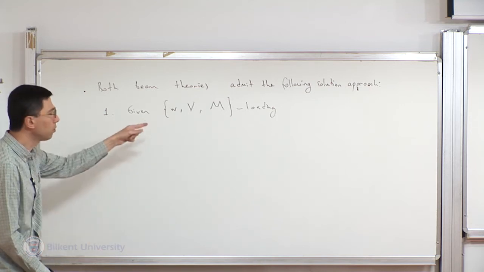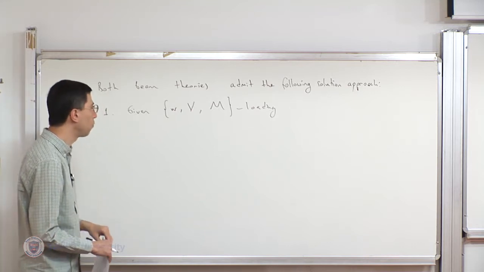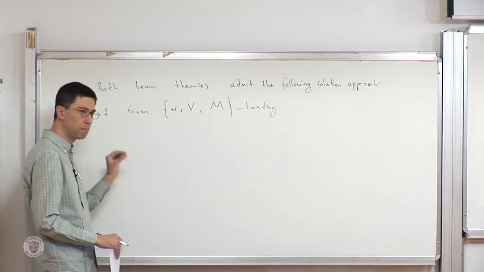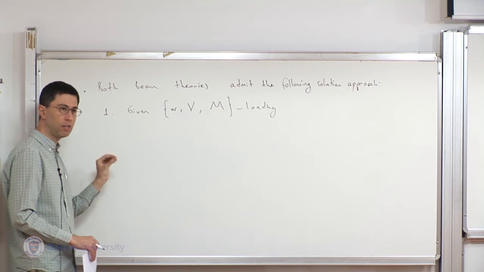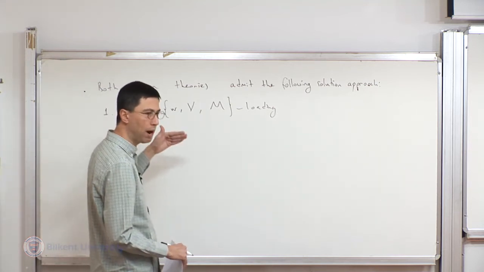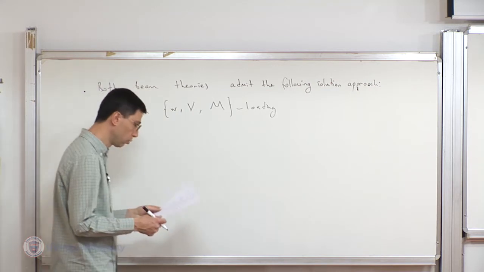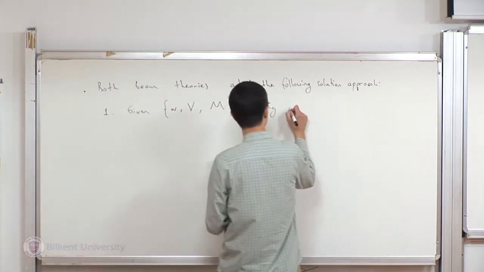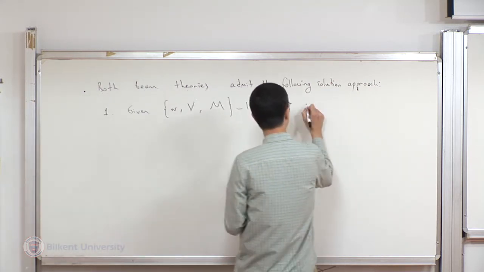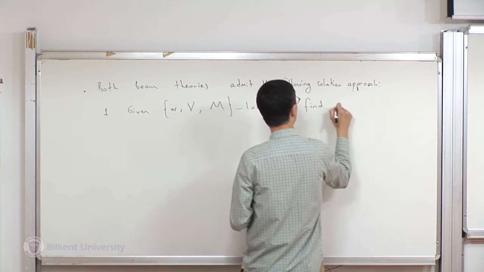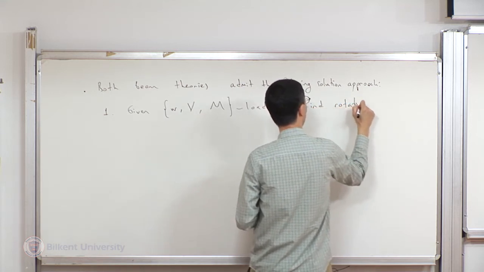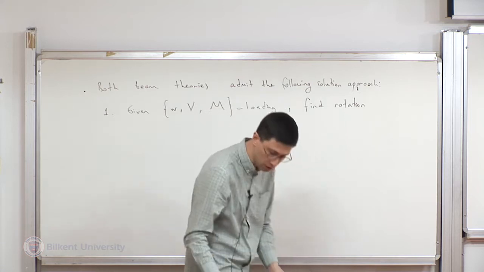So given the load, I can always post-process and find what the stresses are. I am particularly interested in finding what the deflection is. And that's where the beam theories differ from each other, and that's where the analytical solution also differs from the approximate theories. So the first step towards this goal is to find what the rotation is.